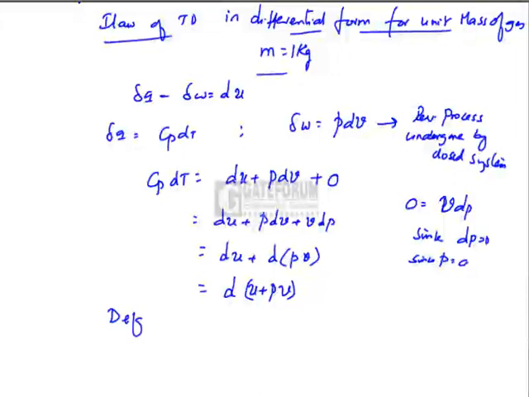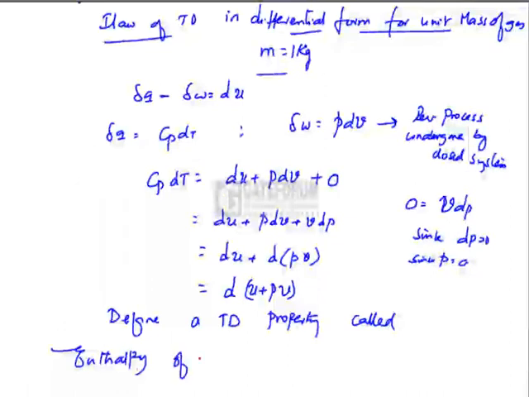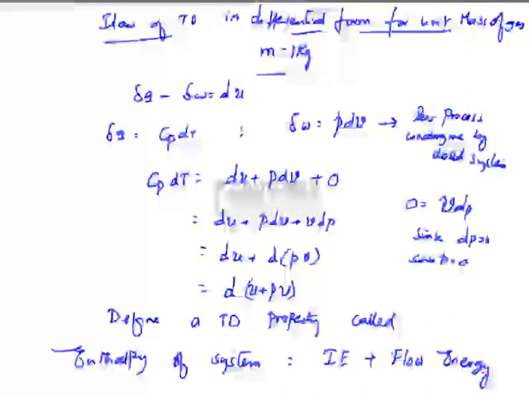Define a thermodynamic property called enthalpy of the system as the sum of internal energy plus flow energy.